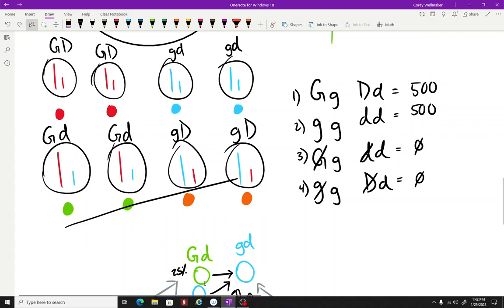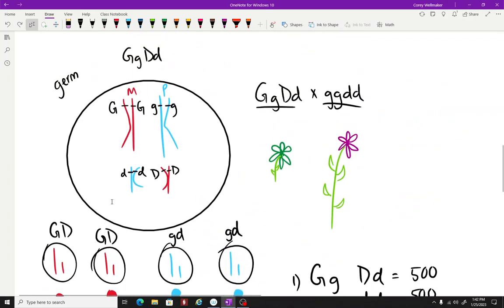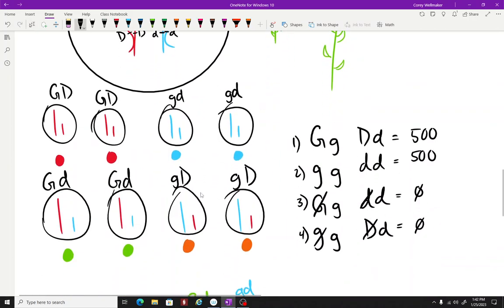But if you've got millions and millions of germ cells, and any germ cell could line up the chromosomes like this or like this, and it's a coin toss, then there should definitely be some of these sex cells. Not only some, approximately half of the sex cells should look like this.